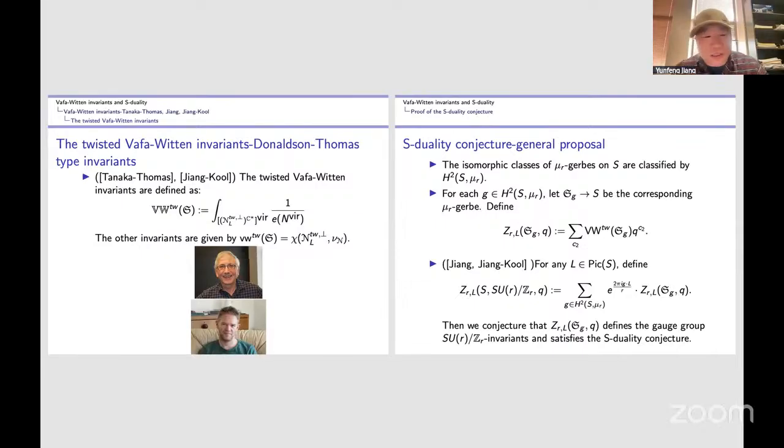We don't have so much time, but anyway. This one is related in the Tanaka-Thomas paper. They call them the instanton branch and the monopole branch. The instanton branch is really the moduli of stable sheaves.